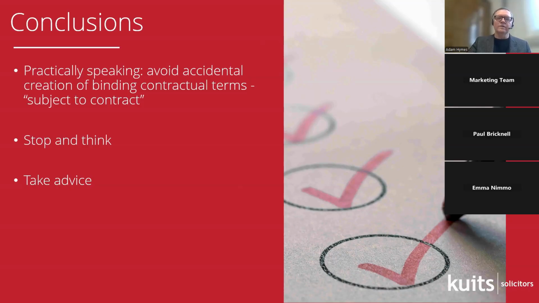If you want to avoid exchange of correspondence being deemed a contract, stop and think before you send what you might consider to be an informal comment or a throwaway comment, especially in a relationship between the parties where it could be looked at in the future. Parties in a divorce, parties in a construction contract. Stop and think before you hit send.